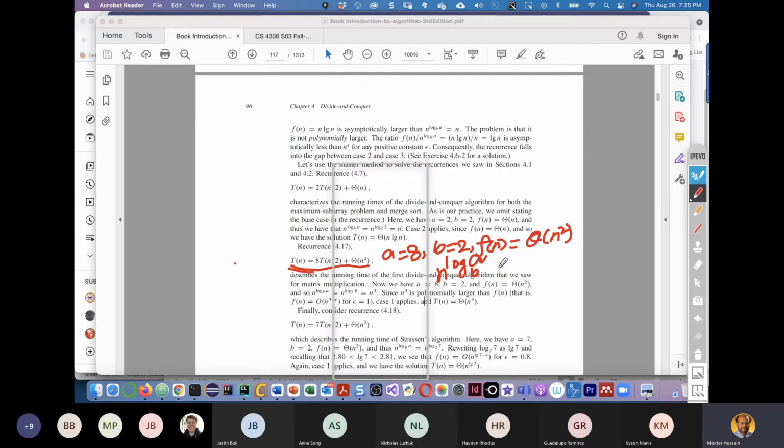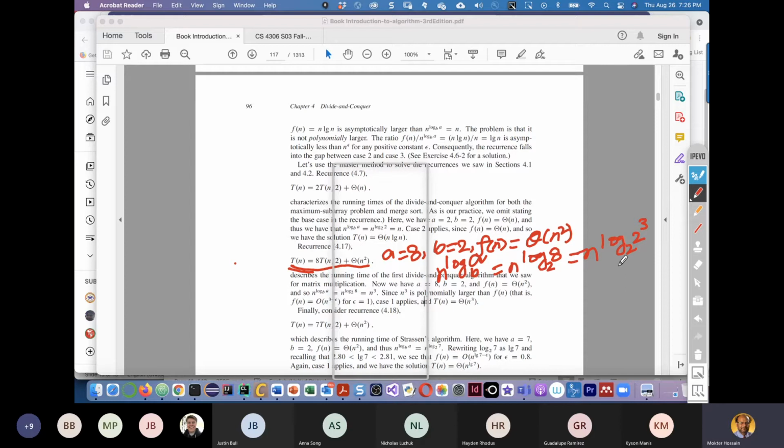Here if we calculate n to the power log of a with base b, equal to n to the power log of 8 with base 2, we know that 2 to the power 3 equal to 8. That means 3 will come here.